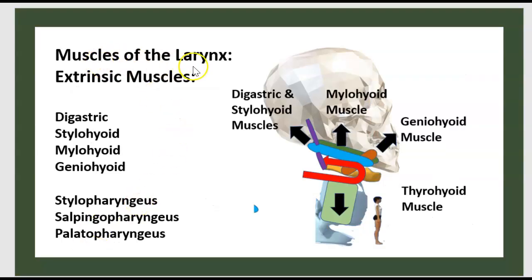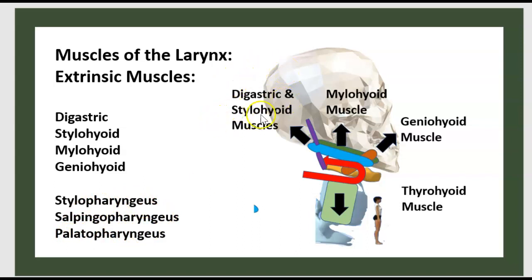Muscles of the larynx: there are two groups. Extrinsic muscles include digastric, stylohyoid, mylohyoid, geniohyoid, and stylopharyngeus, salpingopharyngeus, and palatopharyngeus.